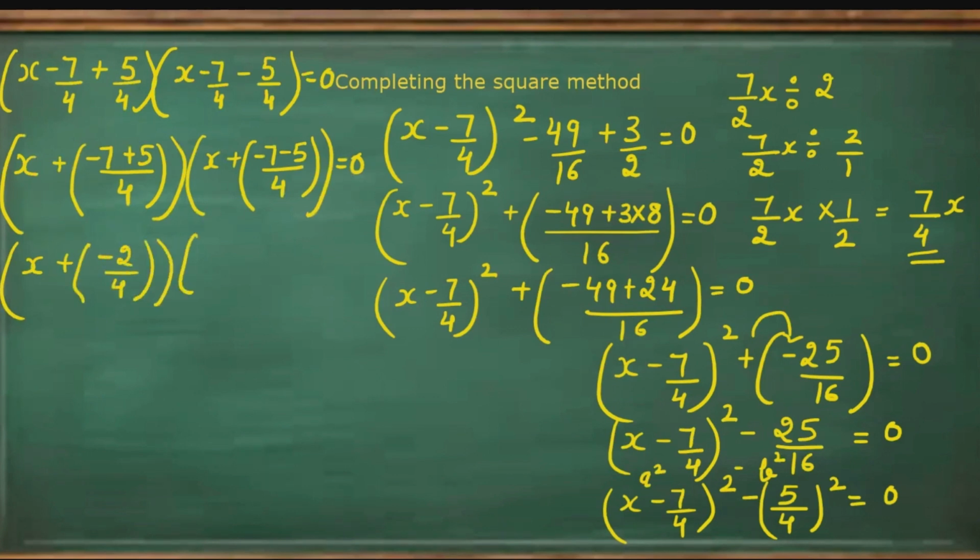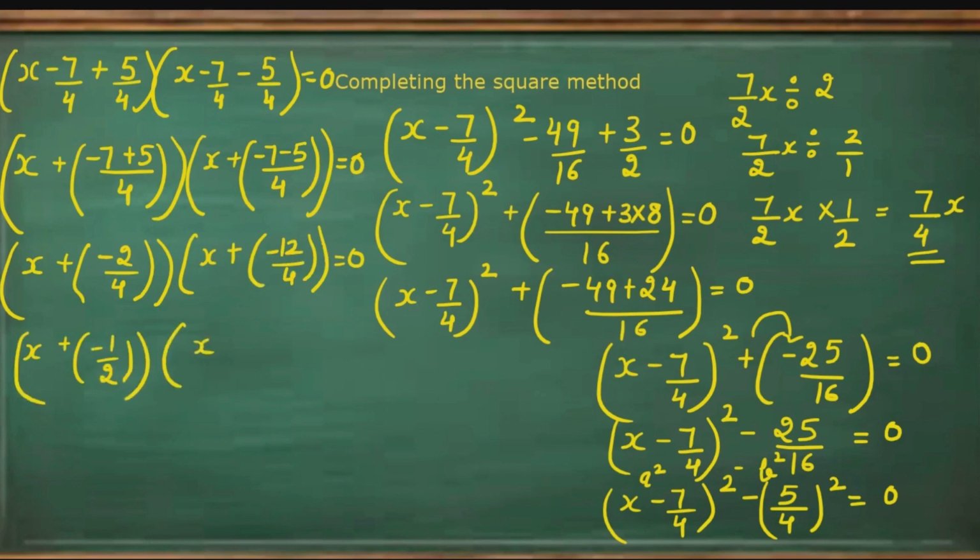And in the second bracket we'll get x plus minus 12 by 4 is equal to 0. Minus 2 by 4 can be written as minus 1 by 2 and minus 12 by 4 can be written as minus 3. So x minus 1 by 2 times x minus 3 is equal to 0.